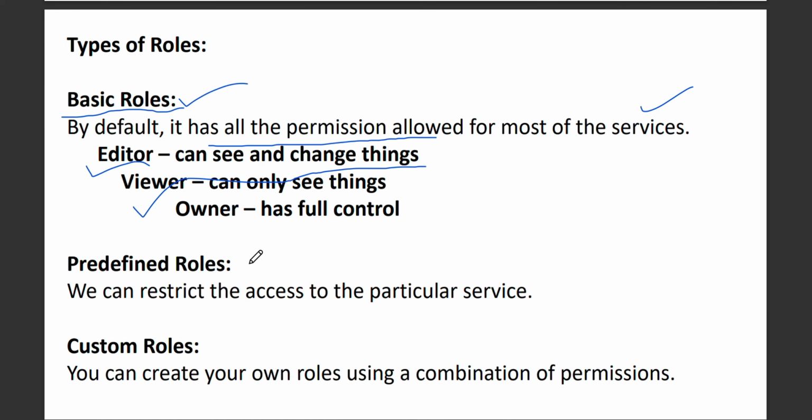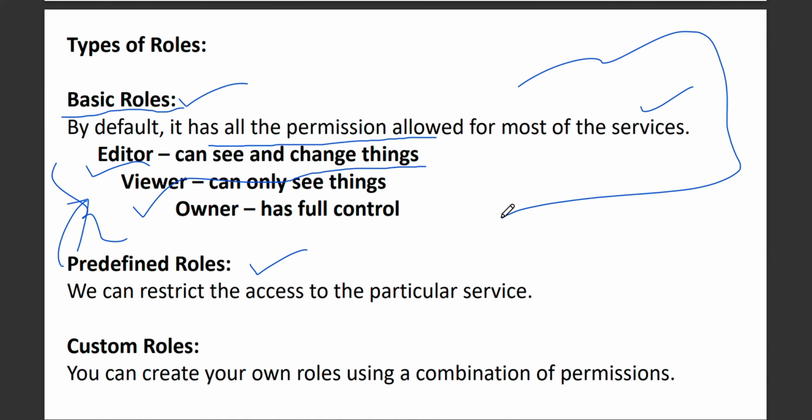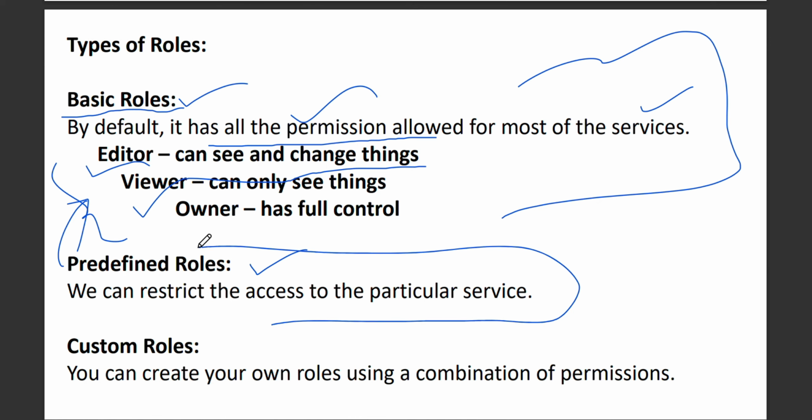So predefined roles are the solution to these basic roles. If I assign any basic role to the identity, all the permissions are allowed to that user account. To restrict such things, so that he accesses only BigQuery related resources, we need to mention the particular resource. That time you can go with the predefined roles.